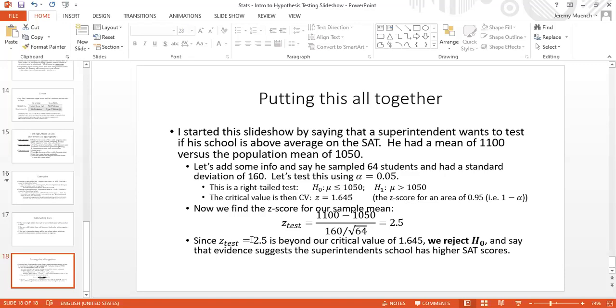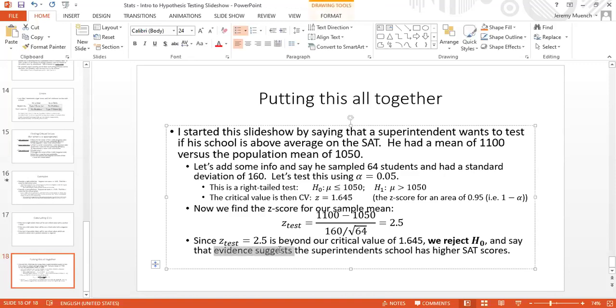And since the z-test equals 2.5, this is beyond our critical value of 1.645, so we reject the null hypothesis. So we're going to say that evidence suggests the superintendent's school did indeed have higher SAT scores. And "evidence suggests" is an important line.